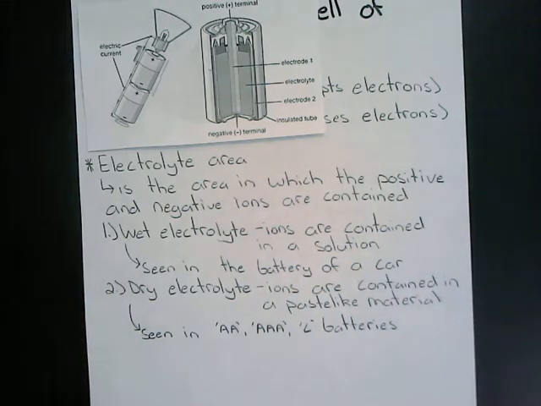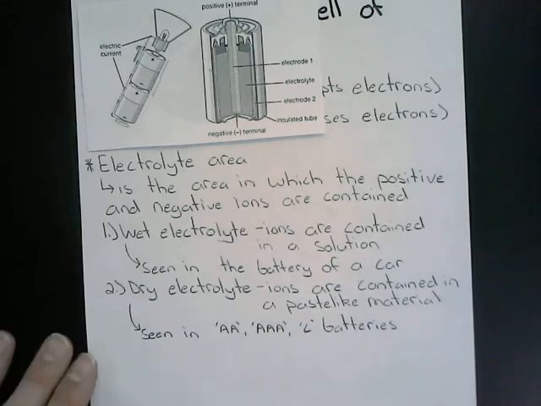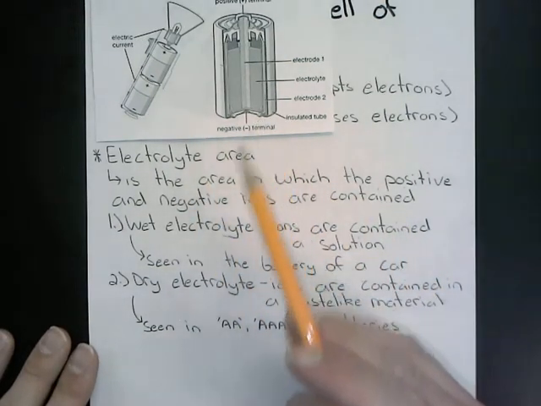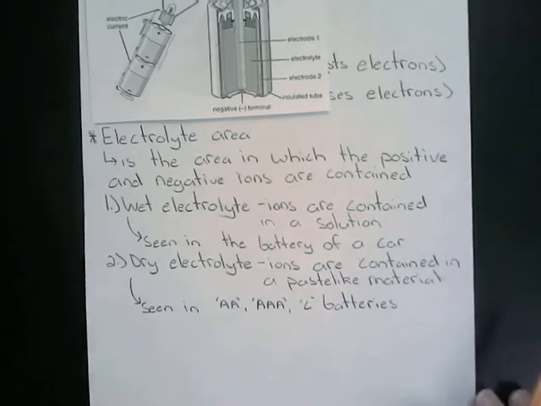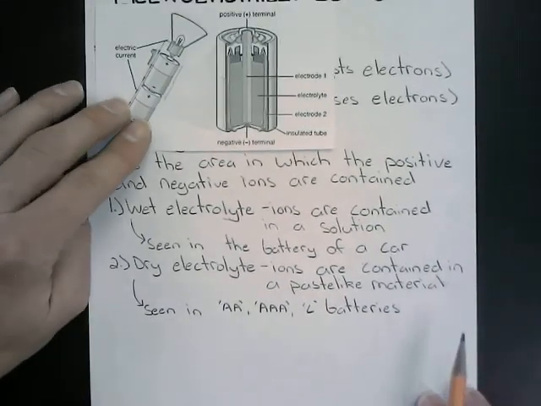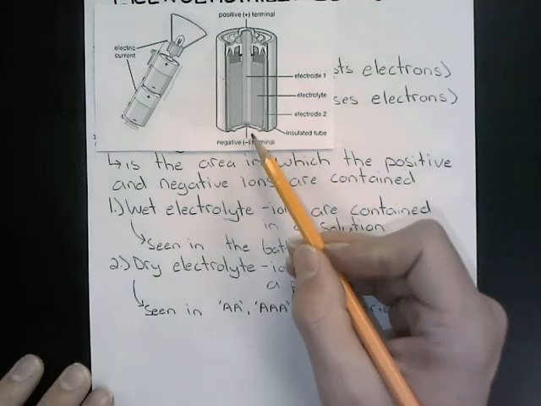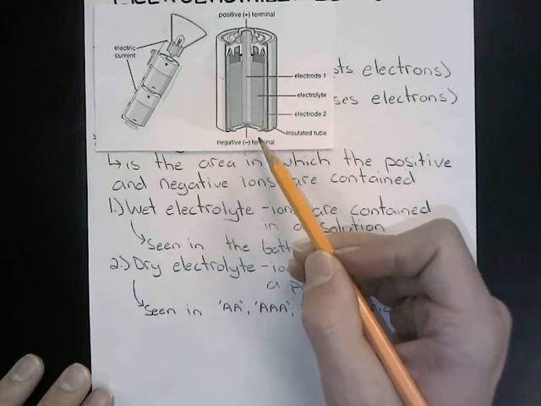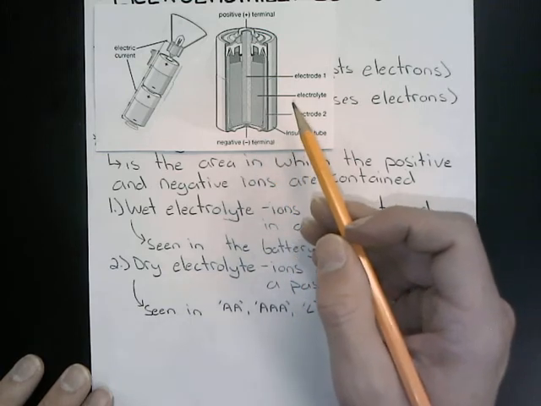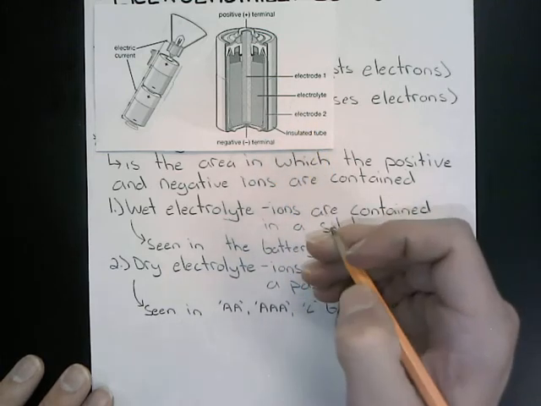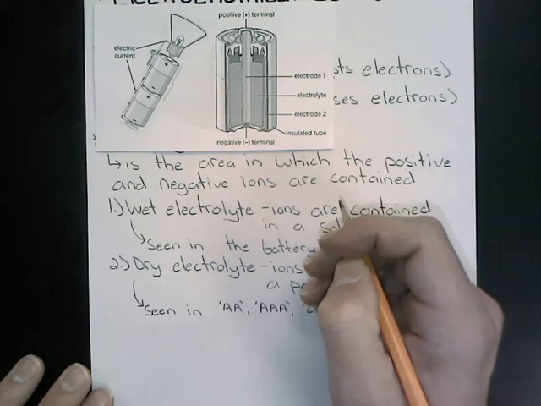Okay, so now we need to talk about what is going on in our battery to power this flashlight in our example. We need to keep in mind that as electrons flow from the negative terminal to the positive terminal, it's going to allow power to be harnessed from the battery.